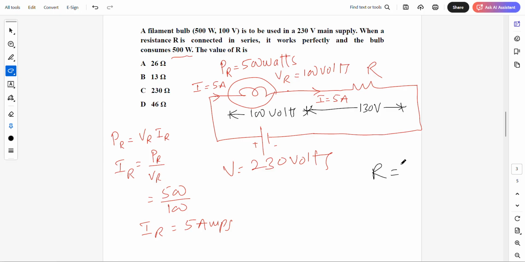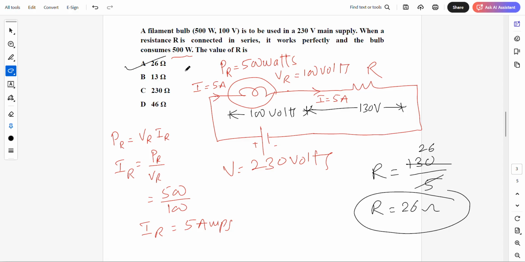R is equal to V by I. V is 130, divided by I. You know the voltage across R is 130 volts and the current flowing through this R is 5 amperes. Therefore R is equal to 130 by 5, which is 26 ohm, the right answer.